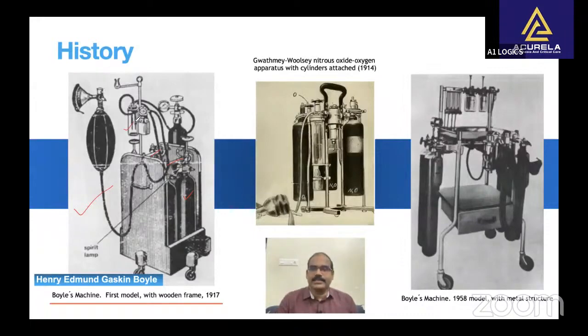In addition, the machine had a manometer to measure the pressure in the cylinders, sensitive pressure reducing valves, and an alcohol lamp to prevent the nitrous oxide from freezing and thus upsetting the cylinder.